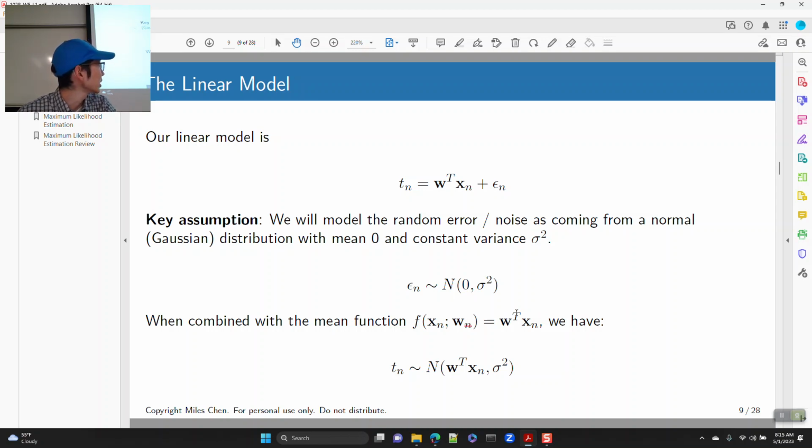If we take our error terms and combine them with the mean function, which is our model parameters w times the input values xn, we can say the values we've observed come from a normal distribution where the mean is equal to w times xn, with variance sigma squared.